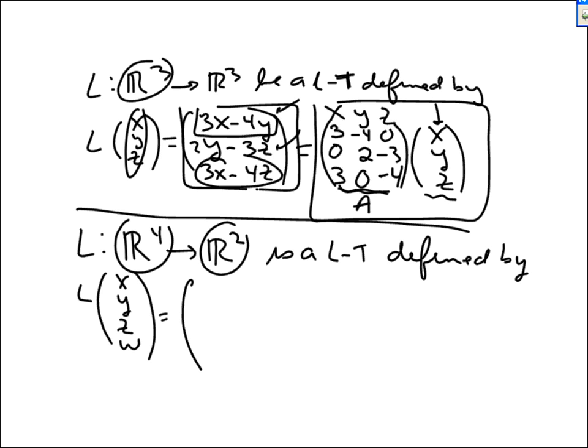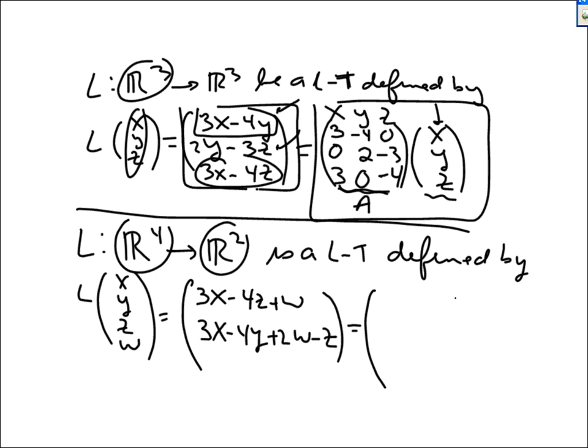That is, I'm just going to have 2 rows. The first row is 3x minus 4z plus w, and the second row is 3x minus 4y plus 2w minus z. Now I want to write this as some matrix times x, y, z, w.